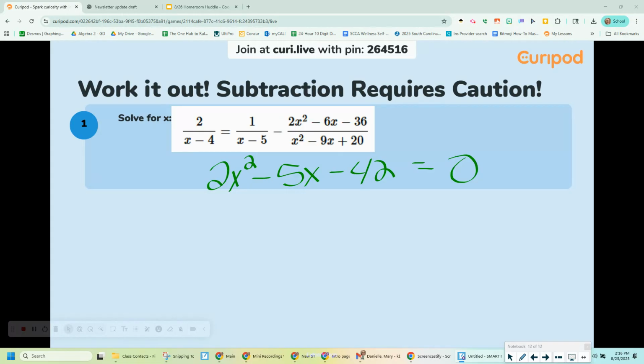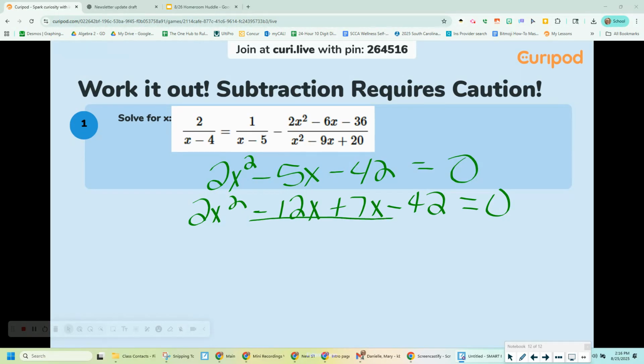I'm going to break up the middle: 2x squared plus 12x minus 7x minus 42 equals 0. Actually, it's 2x squared minus 12x plus 7x minus 42 equals 0. So I broke up the 5x into negative 12x plus 7x.